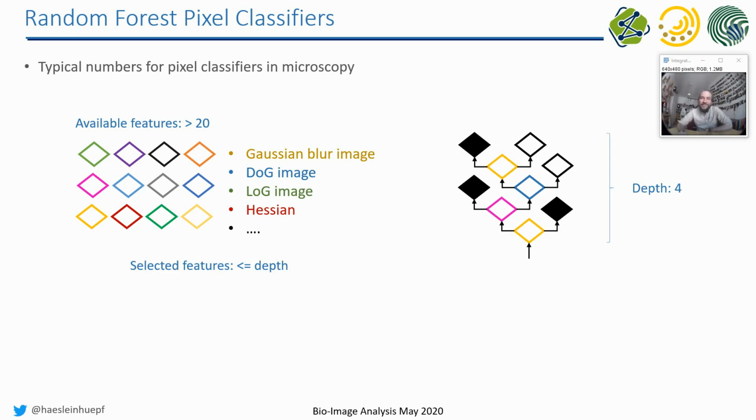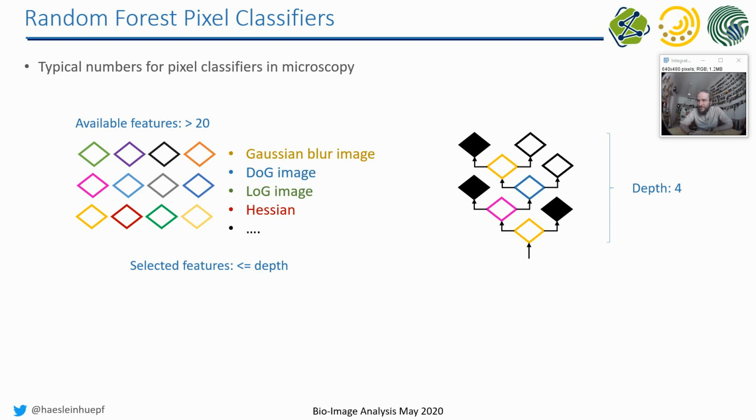And how deep such a forest should be is usually less than that. Building a tree which takes 20 features into account may not make so much sense, because we have many trees and these many trees all take different feature sets into account. So usually the depth of such a tree is smaller than the number of available features, and that's why also the number of selected features is smaller than the depth.